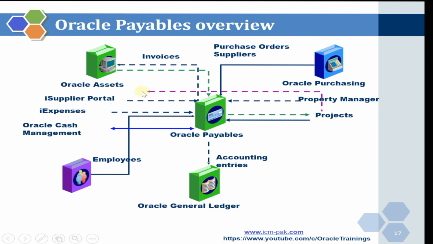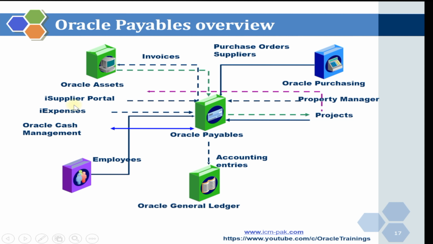In the same way, it's integrated with fixed assets, supplier portal, expenses, order management, and employee information, because sometimes you use expense reports to deal with your expenses or petty cash. For that purpose, it is tightly integrated with employees or your human resource data.